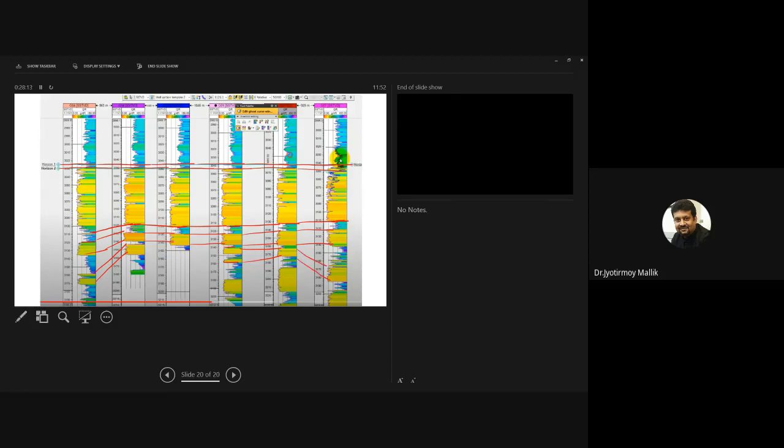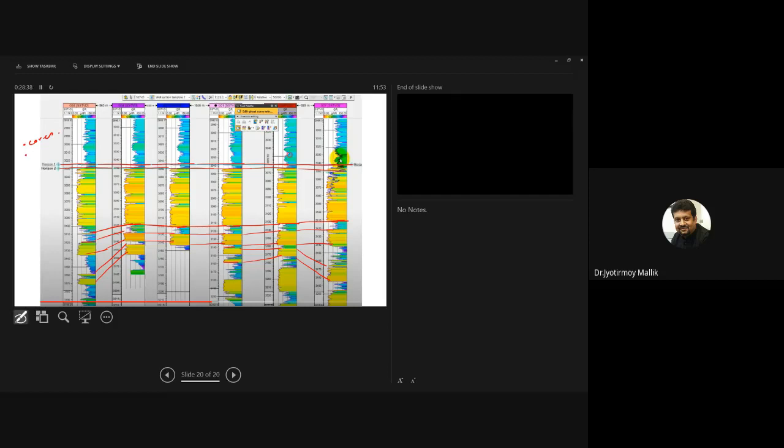This is how, you got the philosophy. This is how we essentially correlate different well logs. But sometimes the gamma ray log alone is not good enough. So with gamma ray, of course, we take the help from cores.